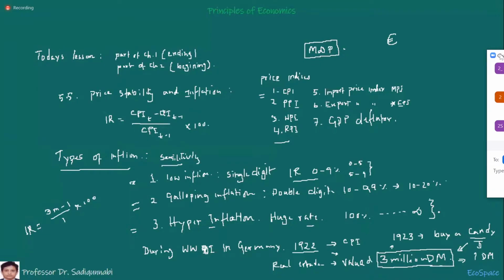If you have a very big amount of money in your pocket today, maybe tomorrow this money is less valued. That means this money is valueless. You cannot buy anything with that money if hyperinflation is there. Okay.